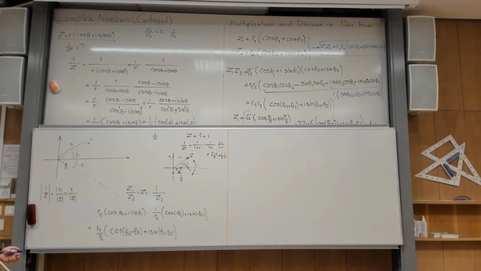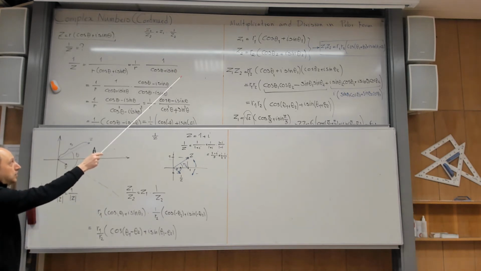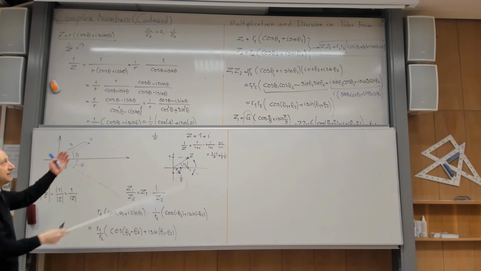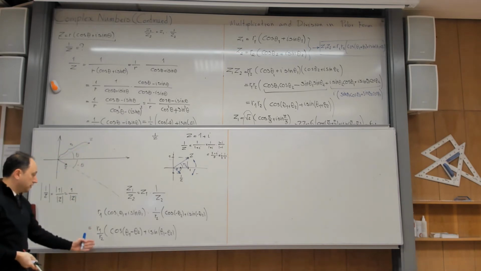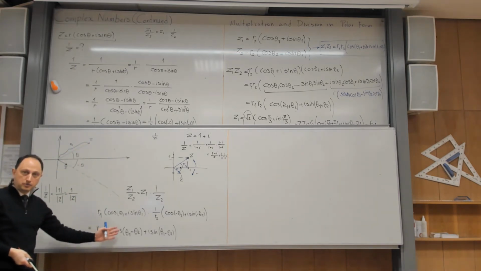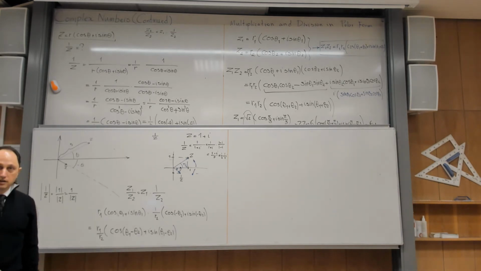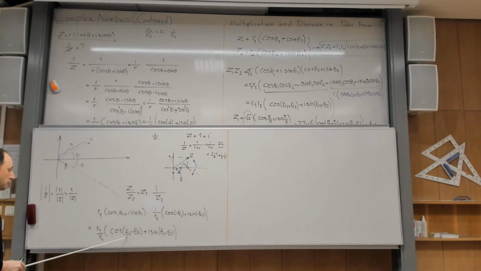So again, I get a nice relation. You see, if I want to multiply, I multiply the r's and add the angles. If I want to divide, I divide the r's but subtract the angles. Yes? And which one should come first? Of course, for cosine, it doesn't matter if theta 1 comes first or theta 2. But for sine, it matters.